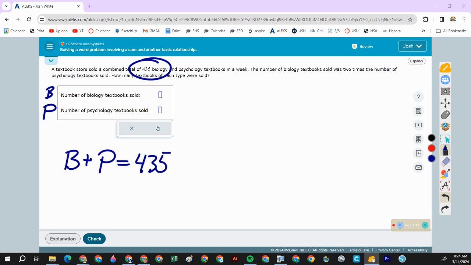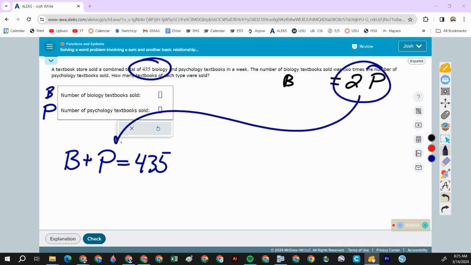Okay? And I also know that the number of biology books is equal to 2 times the number of psychology books. So biology is 2 times psychology. Now we just do a little substitution.